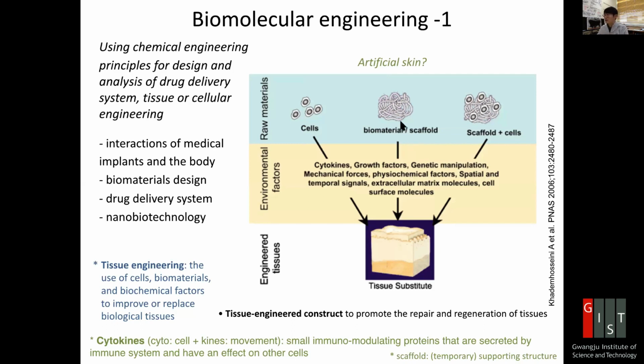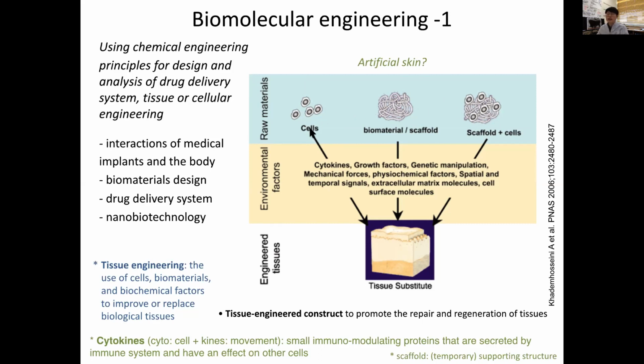To create this, let's see one example. We need raw material. The tissue is composed of cells, so cells and biomaterial and scaffold. Scaffold is a temporary supporting structure, usually used in construction sites. In tissue engineering, we can also use this kind of scaffold, which supports the cells and can create a microenvironment. So scaffold plus cells.